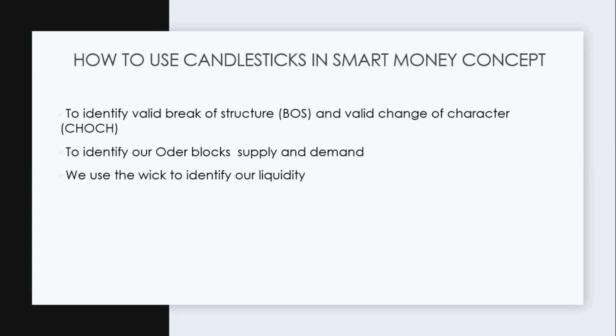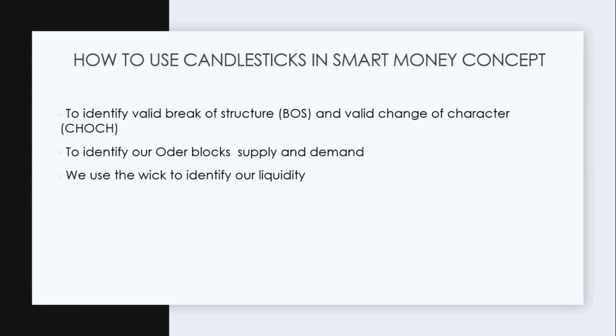Also, we use candlesticks to identify our order blocks and our supply and demand. It's better for us to identify our supply and demand and our order blocks. As I mentioned before, with the bar chart, you won't really know where your supply and demand is, where your order blocks are, or where the resistance and support are.